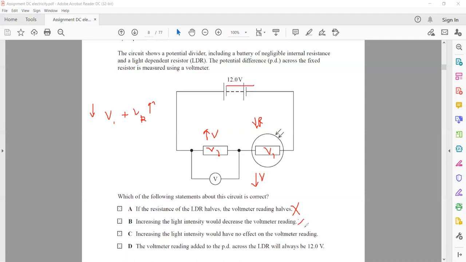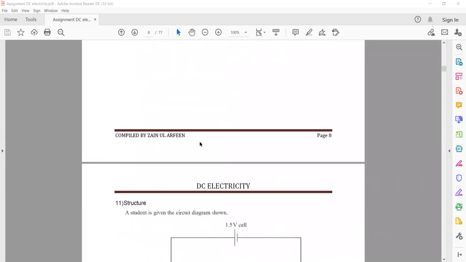So that's not the right statement. Increasing the light intensity would have no effect. That's wrong as well. The voltmeter reading added to the potential across the LDR will always be 12. That's true, because when we add the readings across the fixed resistor and the LDR, the total sum will be equal to the EMF if we neglect the internal resistance.